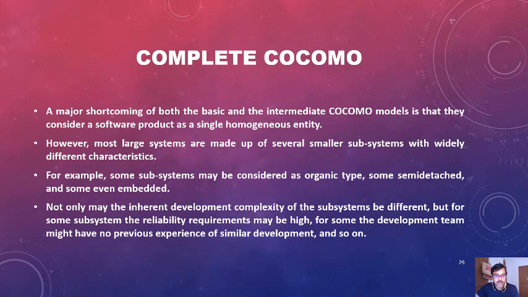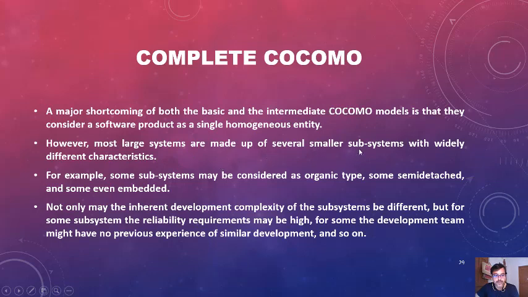For example, some subsystems may be organic type, some semi-detached type, some embedded type. So the whole project is not of a single type; it is a combination of different types of modules. These are considered in complete COCOMO.